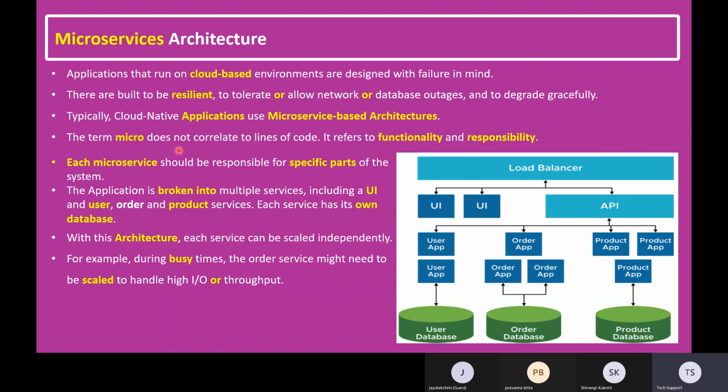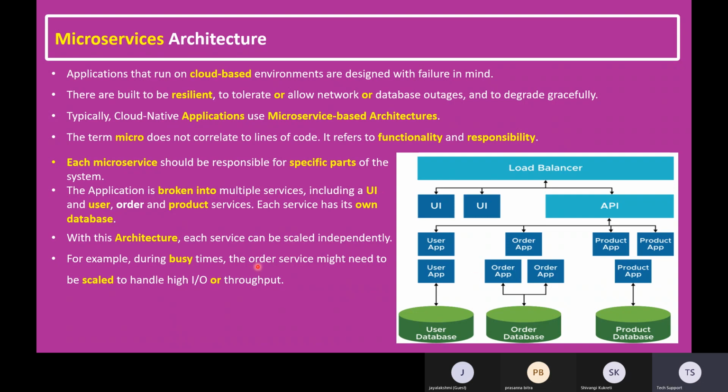The term micro doesn't correlate to lines of code. It refers mainly to the functionality and responsibility. Each microservice should be responsible for specific parts of the system. So they make it into multiple parts. The application is broken into multiple services, including a UI and user, order, product.